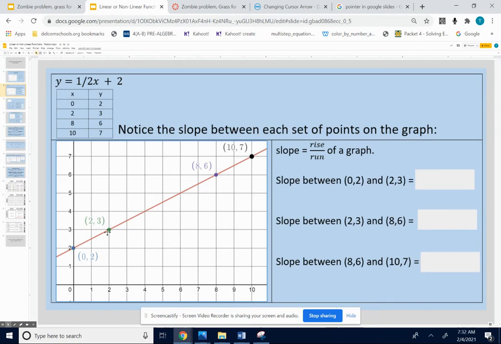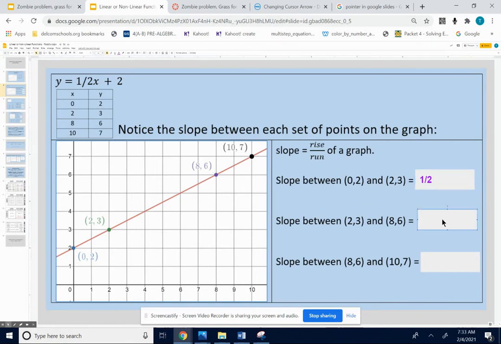So if I wanted to find the slope of the line between points, I could go from (0, 2) to (2, 3). I could rise 1, run 2. So my slope there is 1 over 2. From (2, 3) to (8, 6), I could think of it as going up 3 over 6. Up 3 spaces, over 6 spaces.